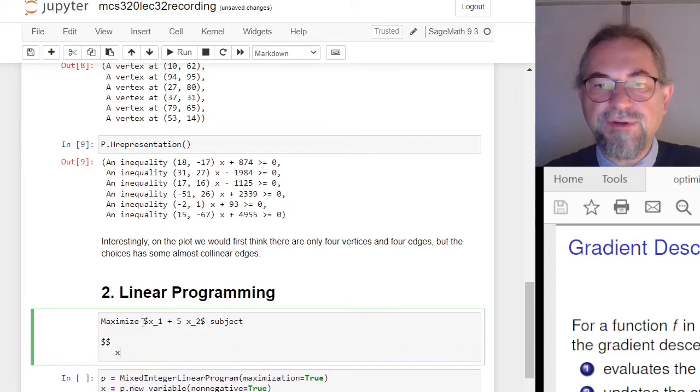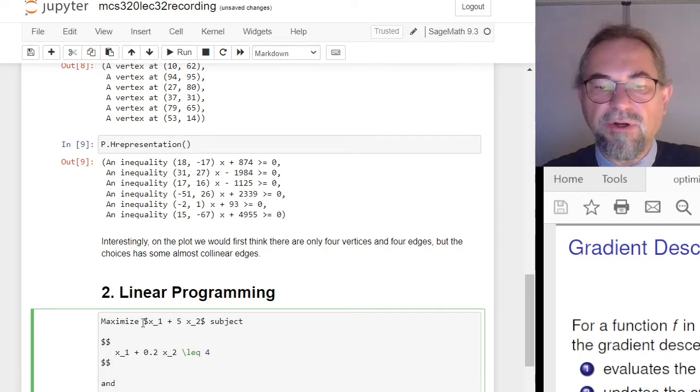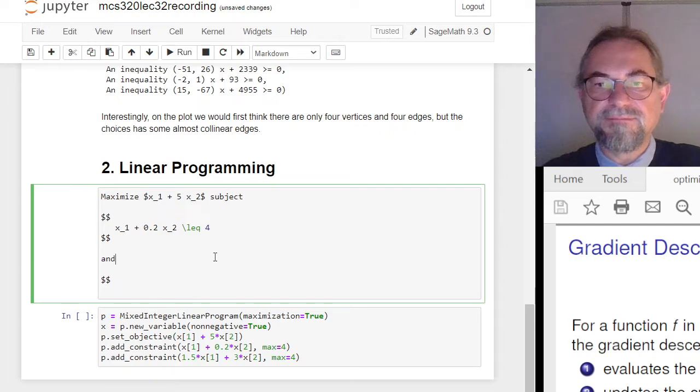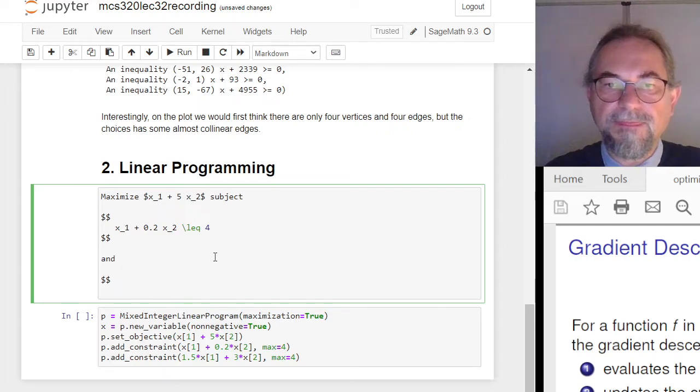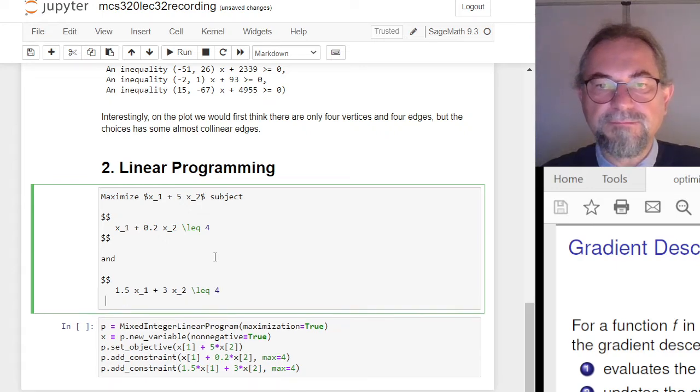So the first constraint is x1 plus 0.2 x2 less than or equal to 4, and the other constraint is 1.5 times x1 plus 3 times x2 less than or equal to 4.